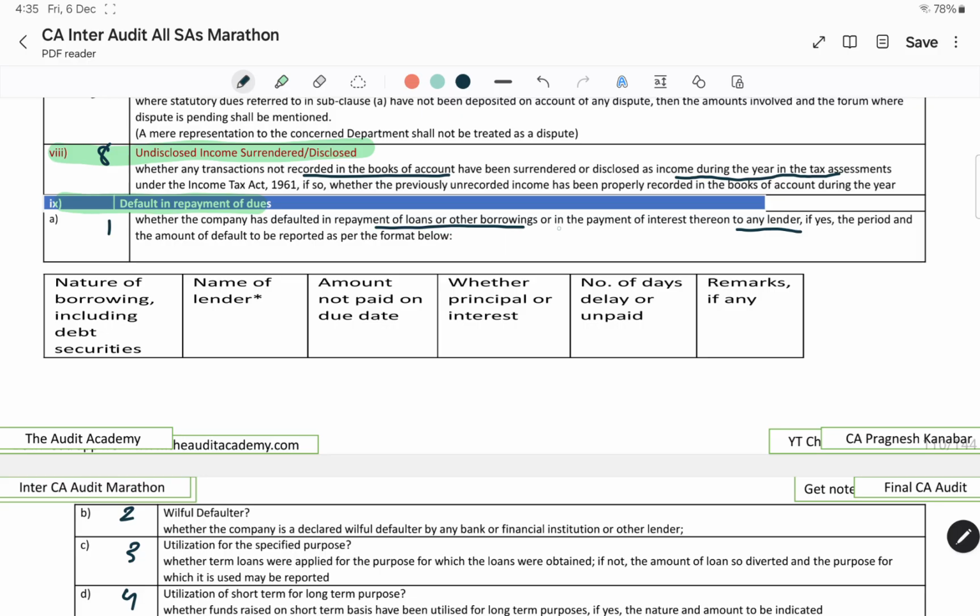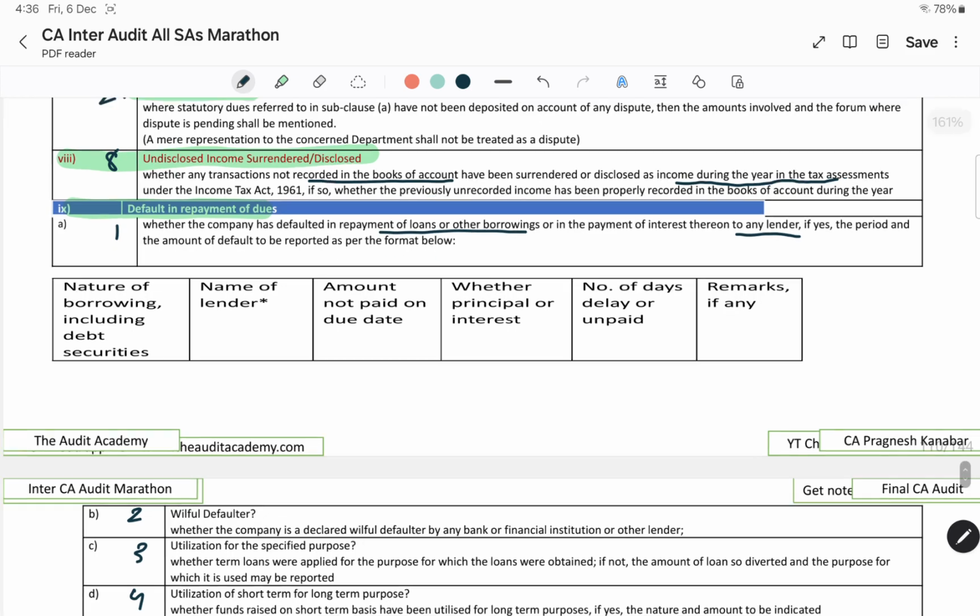So let's get back to the reading. In the payment of the interest thereon to any lender, if yes, the period and the amount of the default to be reported as per the format below.